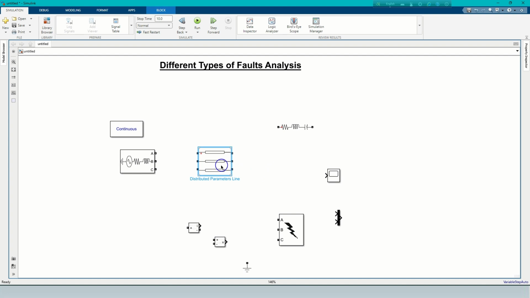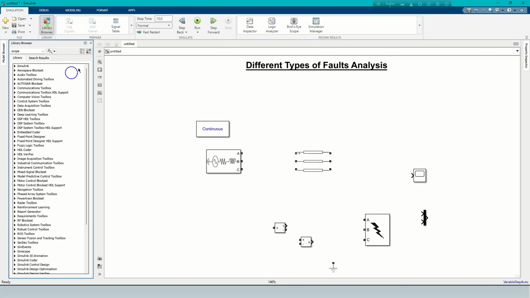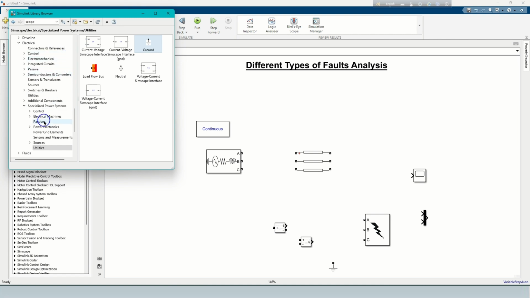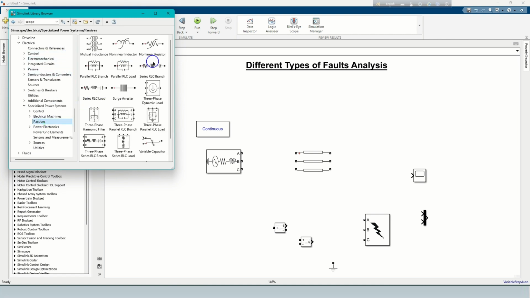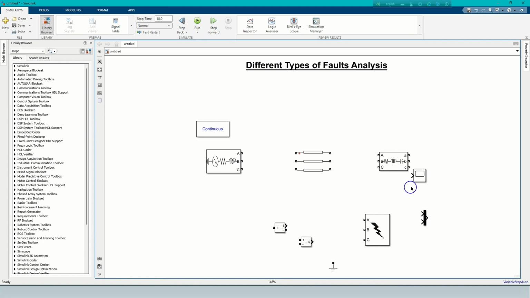Complete the connection diagram. The three-phase series, or LC branch block in Simulink, is used to model a three-phase series connection of resistors, inductors, and capacitors.